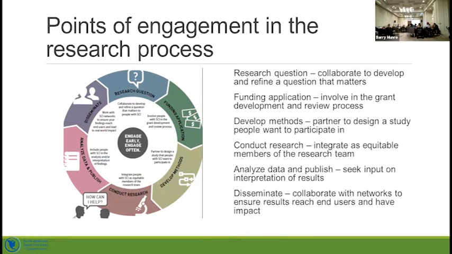And then lastly is with the dissemination, and this is really where networks can be very helpful. You can collaborate with networks to ensure that results are not just reaching the peer-reviewed publications and the scientists that look at those particular publications, but also that the results are getting out into the community.